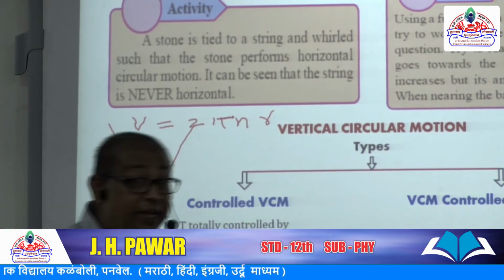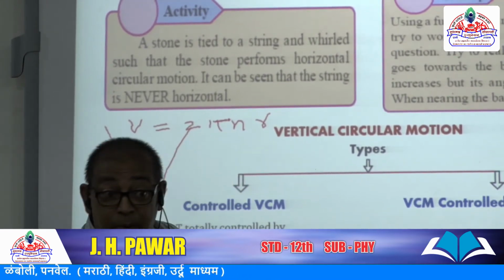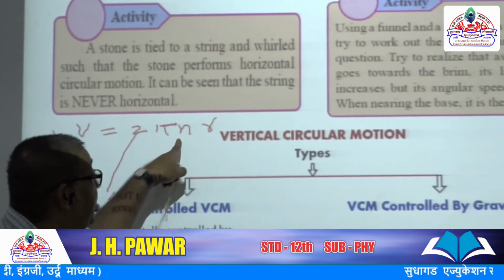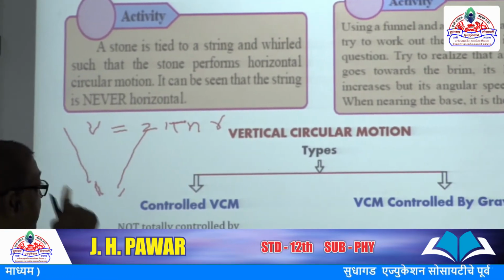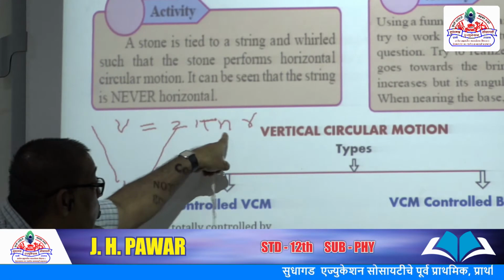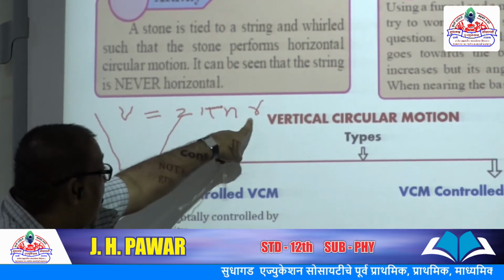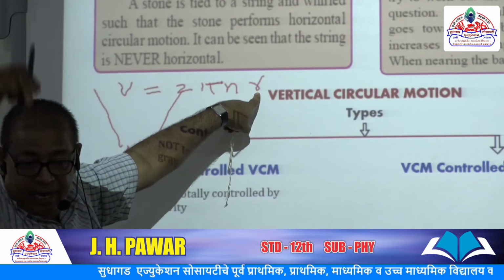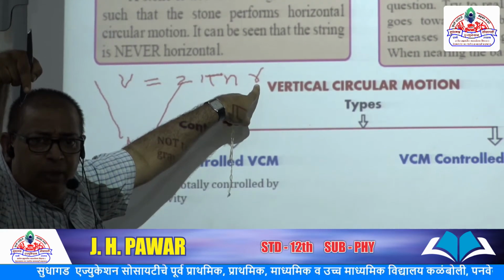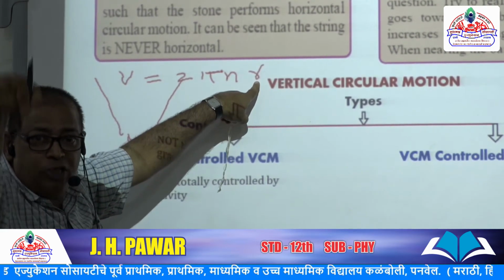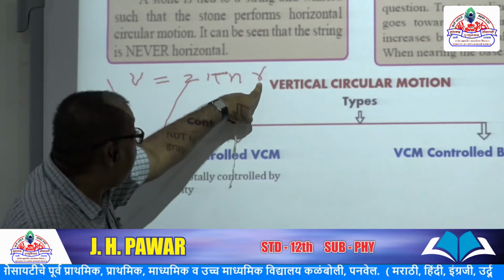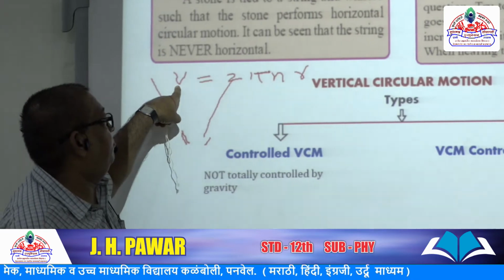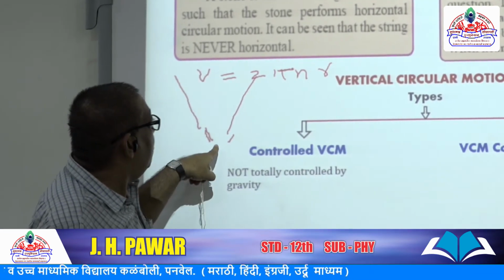But the notable thing is that it moves faster and faster when it goes to the bottom. It means the frequency increases. Look at this equation, V equals 2 pi n r. Here r goes to 0 when the marble goes to the bottom, and V also goes on decreasing, but what happens?